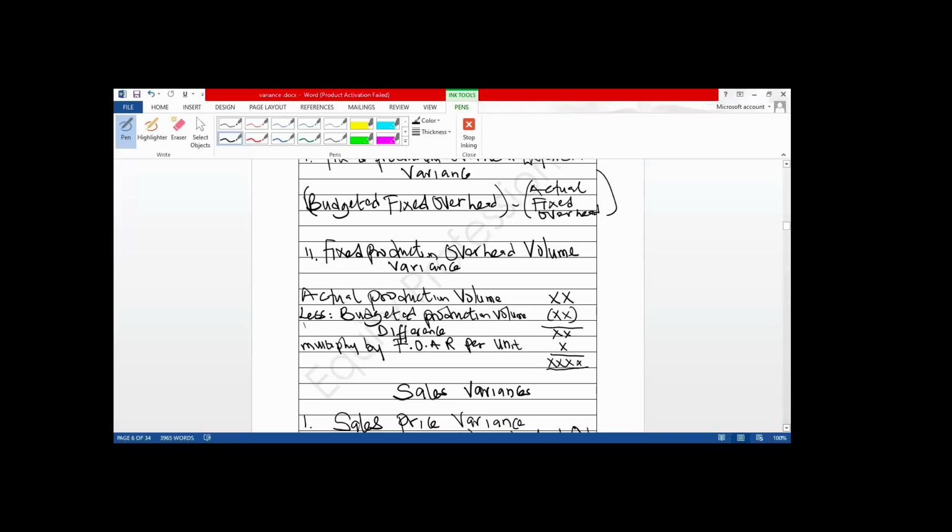If the variables involve units, then you are going to multiply by cost per unit. So you got to be very careful. A lot of students don't know how to differentiate between cost per hour and cost per unit.